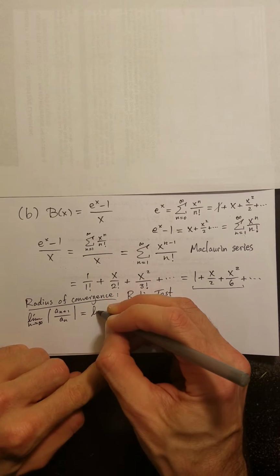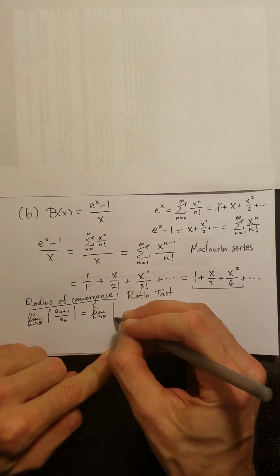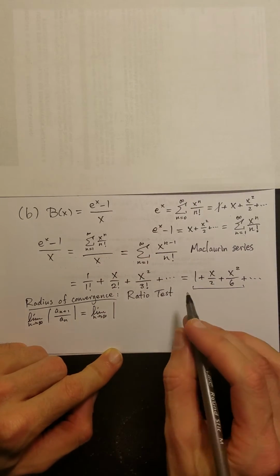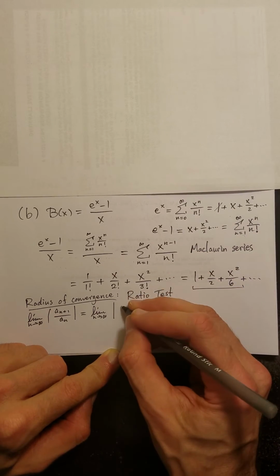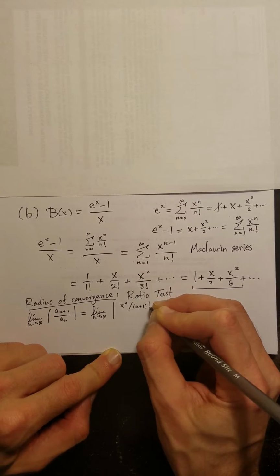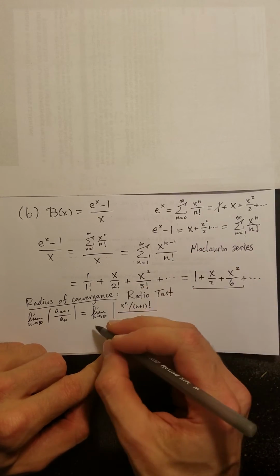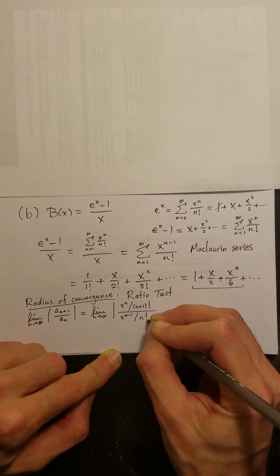So our n plus first term is equal to, so here is our nth term in general. So this is going to be x to the power n divided by n plus 1 factorial. And then our nth term is x to the power n minus 1 divided by n factorial.